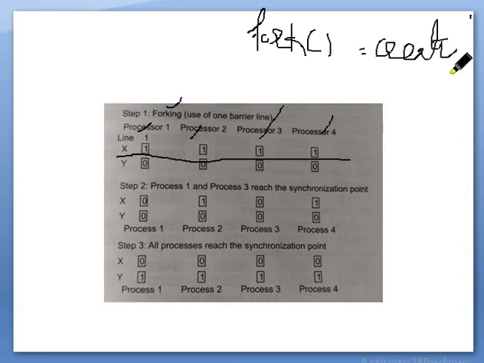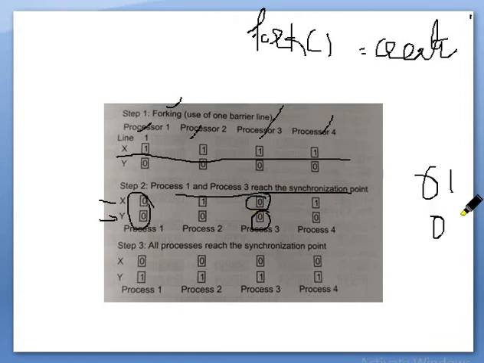At some instance, processes 1 and 3 are synchronized. How will we get to know they are synchronized? See, here the x vector and y vector are matched, and here also the x vector and y vector are matched. They can match either to 0 0 or to 1 1.